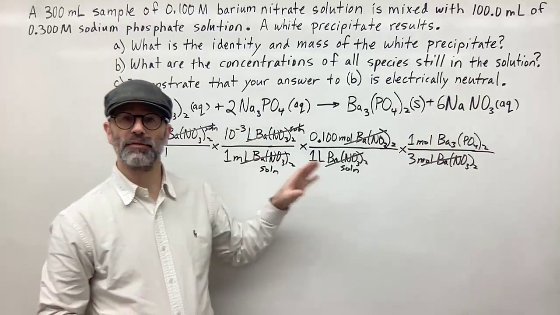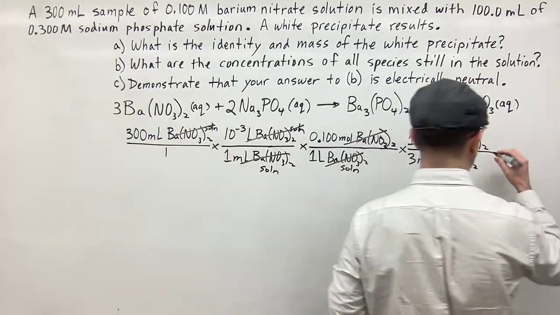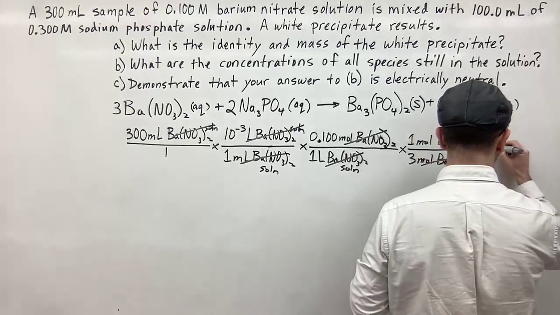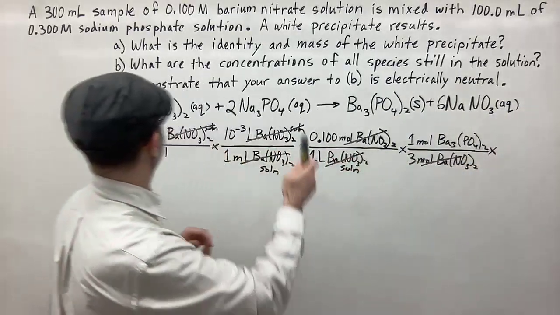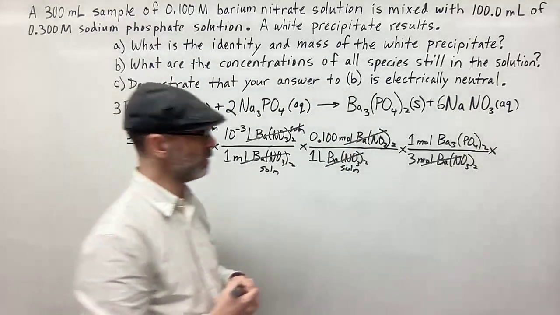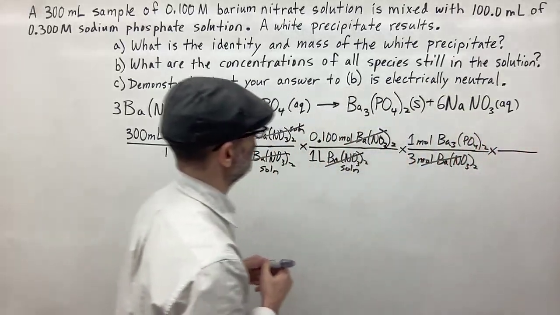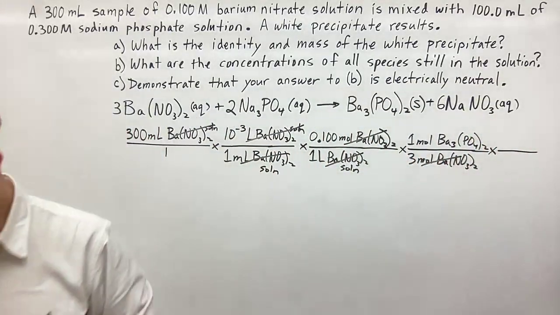And now I'm going to convert that to grams using the molar mass of barium phosphate, and then I'll get the gram amount. Since they're asking me in A, what is the mass of the white precipitate, I'm going to convert that to grams. And I calculate the molar mass.